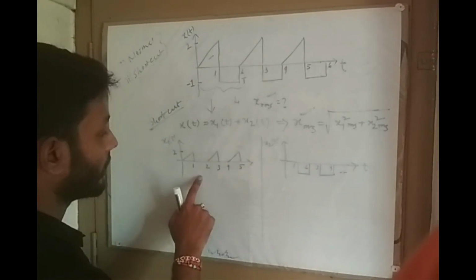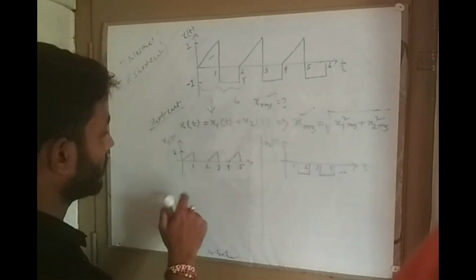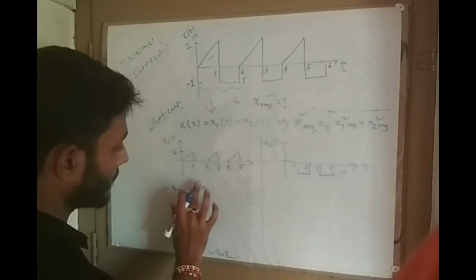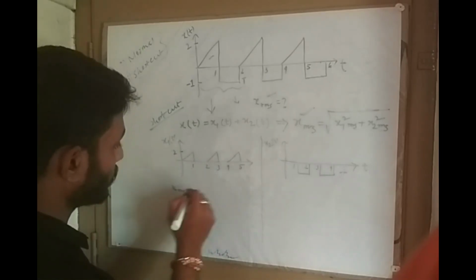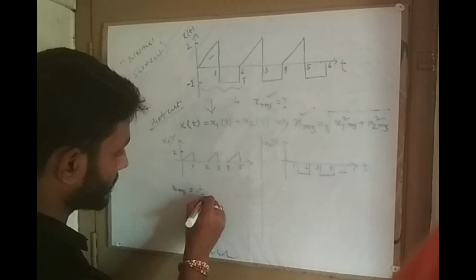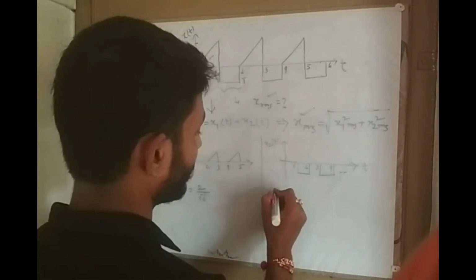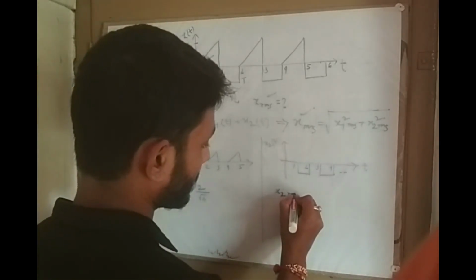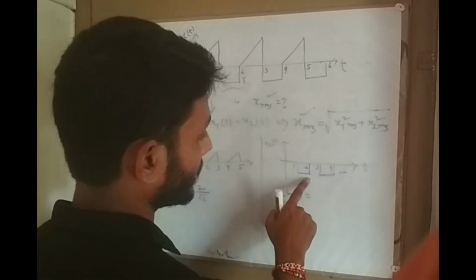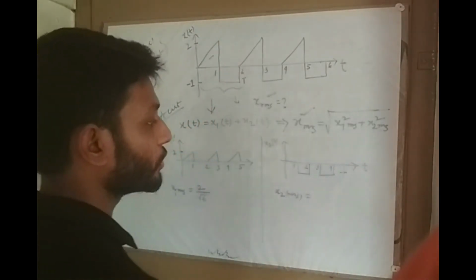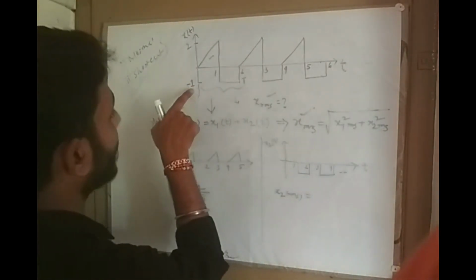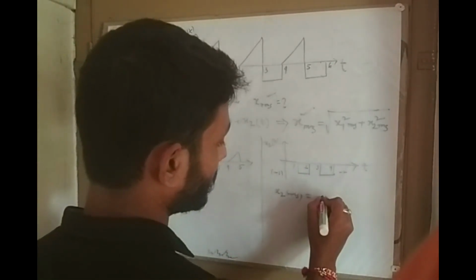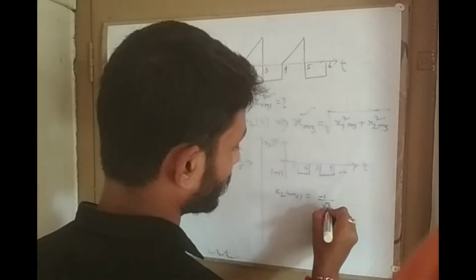For this half wave triangular signal, the RMS value x RMS will be Vm, that is here xm, divided by root 3, so xm is 2 divided by root 6 is the x1 RMS. And for this half wave, x2 RMS will be Vm divided by root 2. Here the lower maximum value is -1, so Vm divided by root 2.